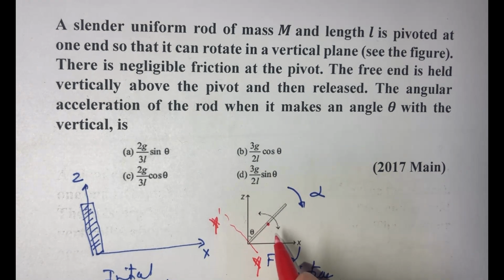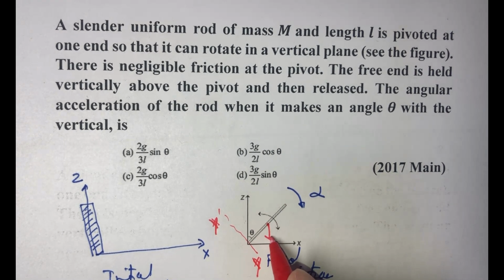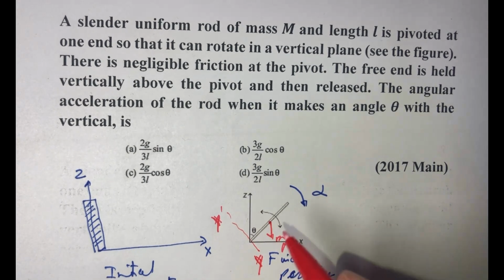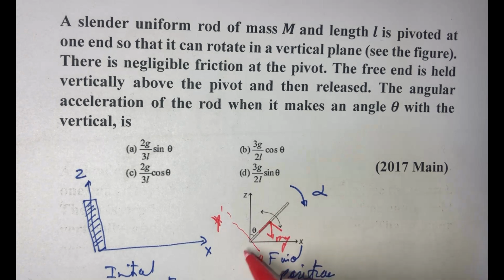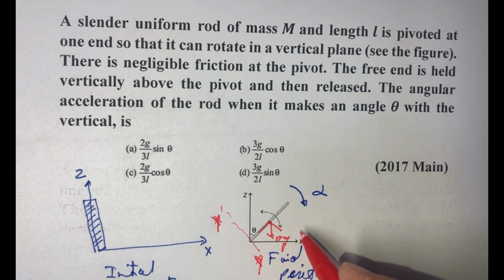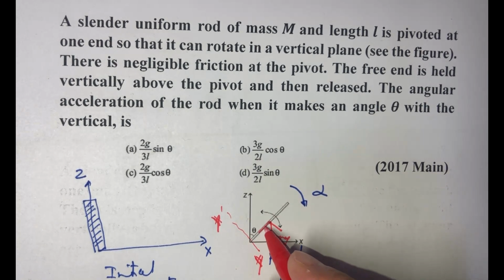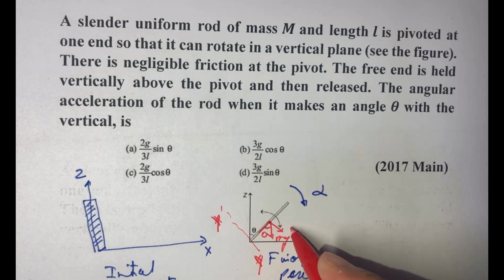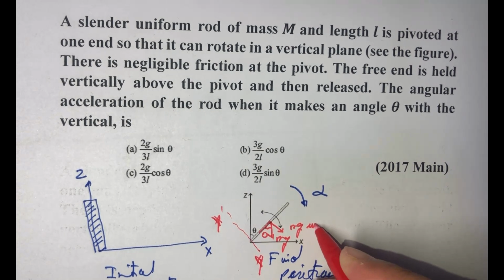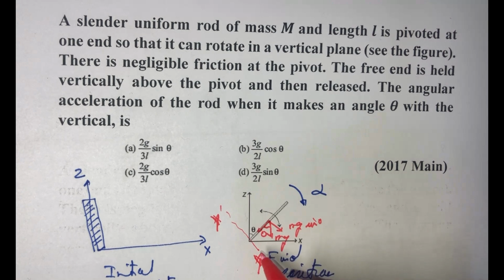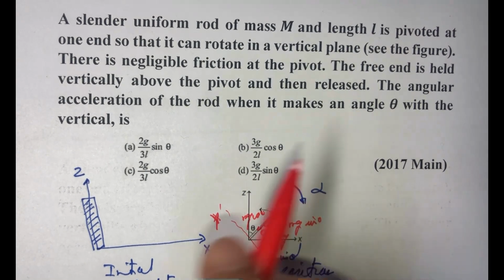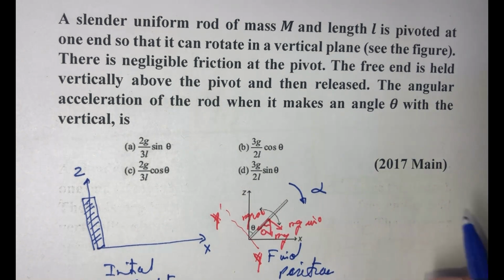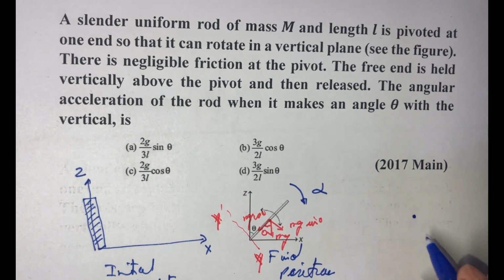So we are going to have mg in the downward direction, and it can be divided into two components. One will be along the rod and another one perpendicular to the rod. So this angle will be theta. So we are going to have mg sine of theta, and this component will be mg cos of theta.